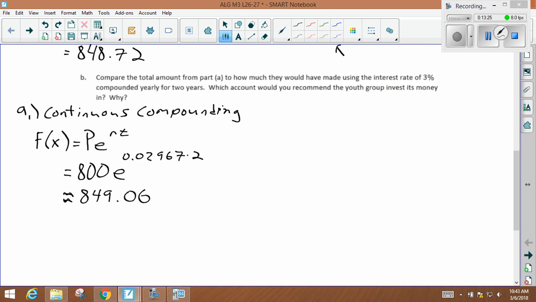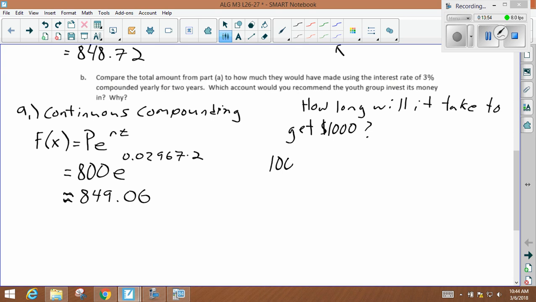So, how long will it take to get $1,000? Let's go ahead and solve using continuously compounding interest, okay? So in other words, I need to solve this. I'm going to have to solve for t.